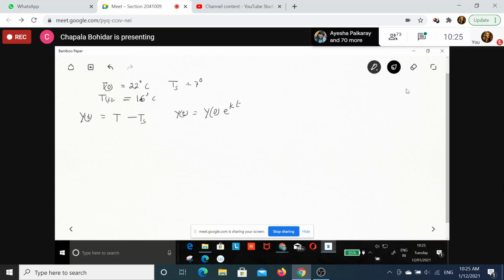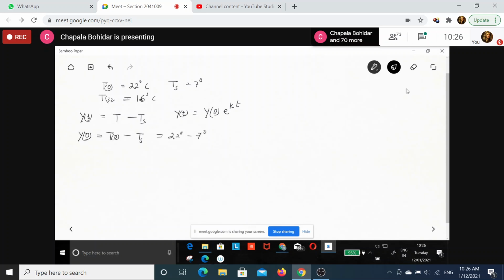So now y of 0 is equal to T of 0 minus Ts. Is that clear to all of you? Yes, ma'am. So it is T of 0 minus Ts, that is 22 degrees minus 7.